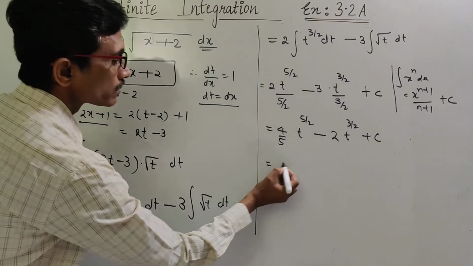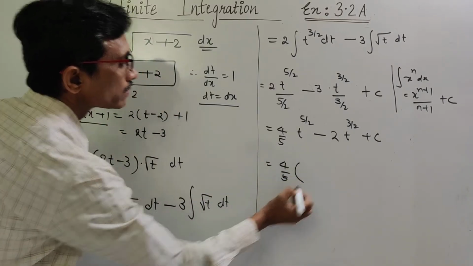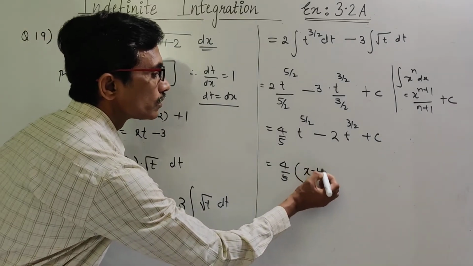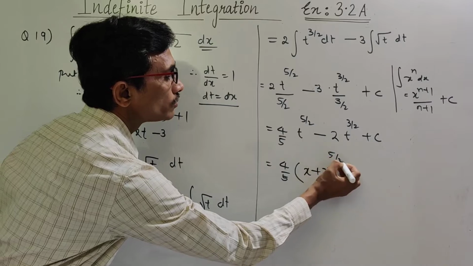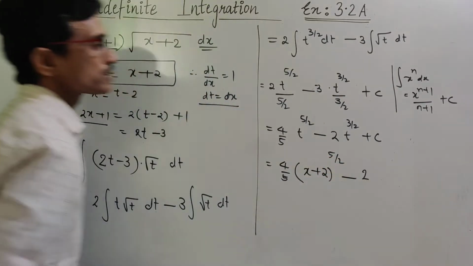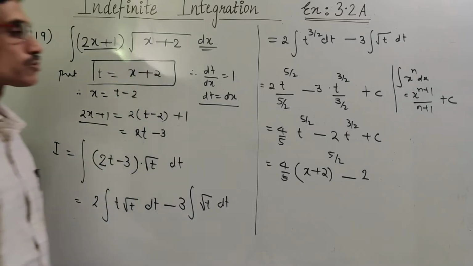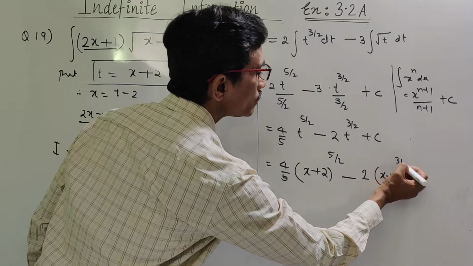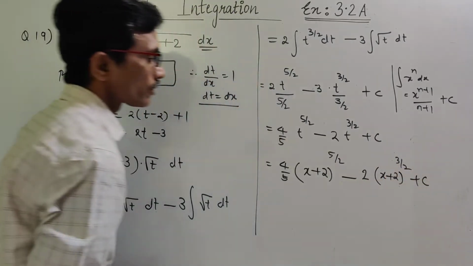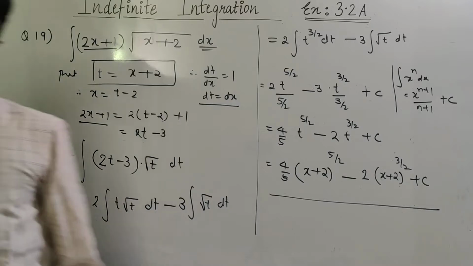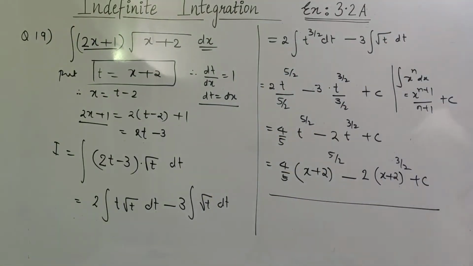So resubstitute: 4/5, then t is x plus 2 raised to power 5/2 minus 2 times, t is x plus 2 again, x plus 2 raised to power 3/2 plus constant of integration c. This completes our answer. So we'll do the next question.